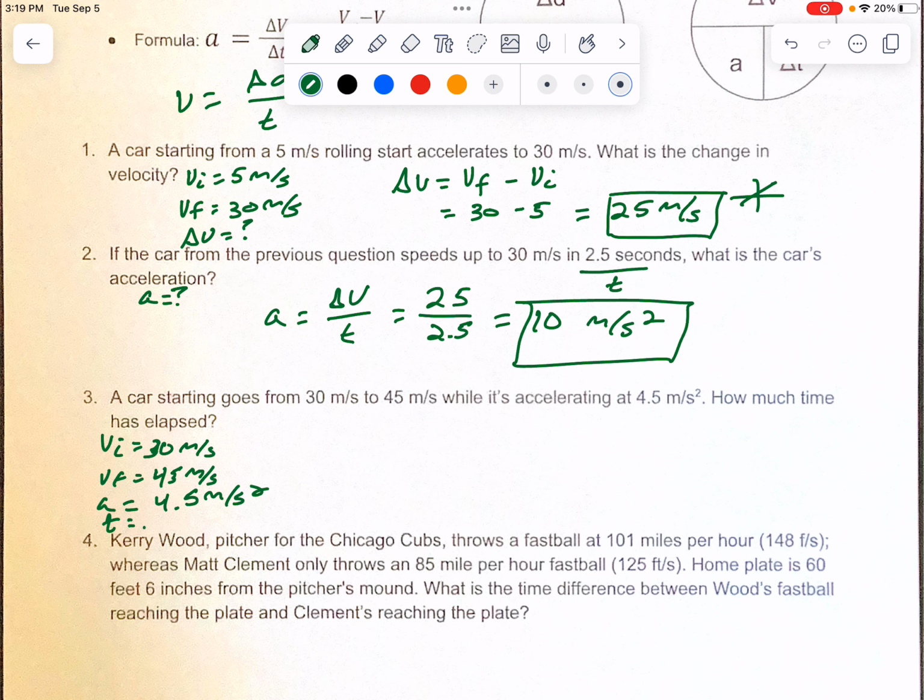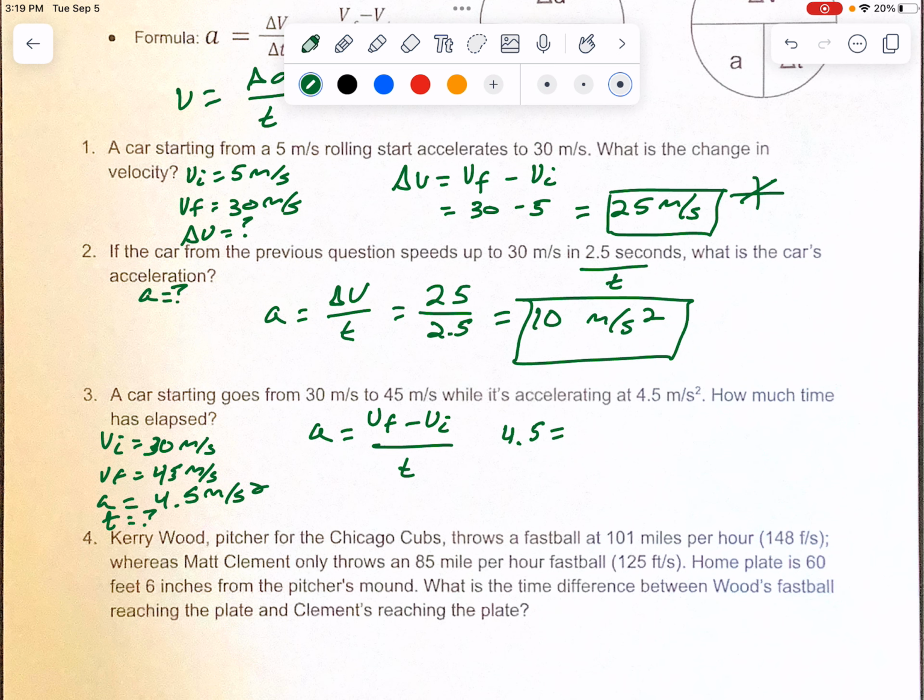So T is going to be your question mark. I'm going to write out the equation again: A equals VF minus VI over T. The more I write equations out, the more they stick, and you get used to using them. Now we plug in. Acceleration is 4.5 equals VF minus VI, so 45 minus 30, over T.